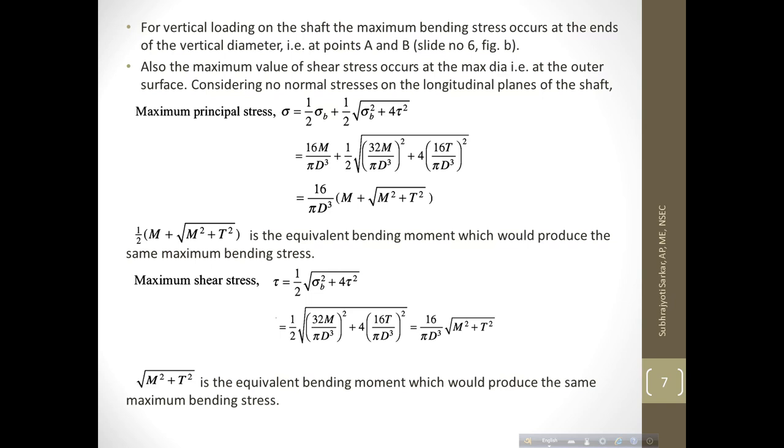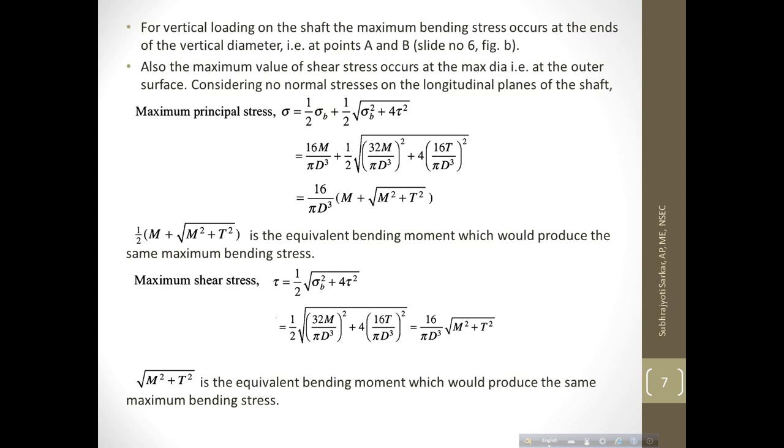So what will be the maximum principal stress? Maximum principal stress sigma 1 is equal to half of sigma b plus half of root over sigma b square plus 4 tau square, where sigma b is the maximum bending stress and tau is the maximum shear stress.